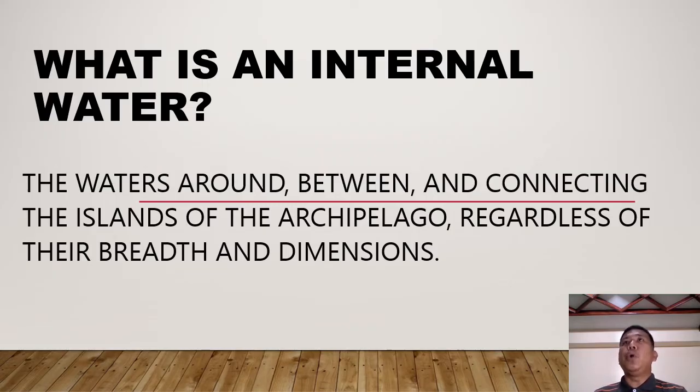If you are imaginative enough about the political map of the Republic of the Philippines, you can see there that the Republic of the Philippines is enclosed in imaginary lines called the archipelagic boundaries. Now, the waters inside of those archipelagic lines are called internal waters, because these waters are around, between, and connecting the islands.